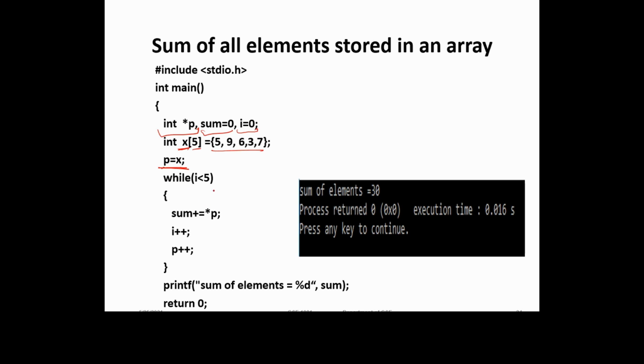Now we can apply a loop here, which will execute from 0 to 4, or we can say it will execute 5 times. So sum += *p, the loop control variable is increased by 1, and the memory location is increased by 1, p++, and we are just adding the value at every memory location to the sum variable. So after this logical operation, the sum will contain the sum of the elements.